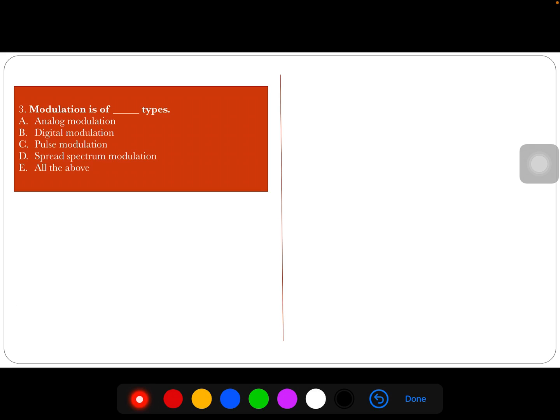Next question is, modulation is of dash types. When I discussed modulation, I also discussed the types of modulation, in which I showed you a tree diagram. Modulations are basically of two types, analog and digital, and further analog and digital are of various types.